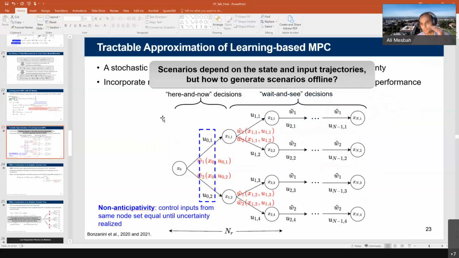This is why I'm adopting this stochastic programming viewpoint, meaning that I'm drawing samples from my distribution, and these samples represent various uncertainty scenarios, right? So there is approximation here because I'm approximating this distribution with a finite number of scenarios.